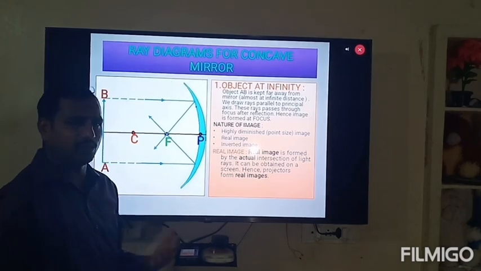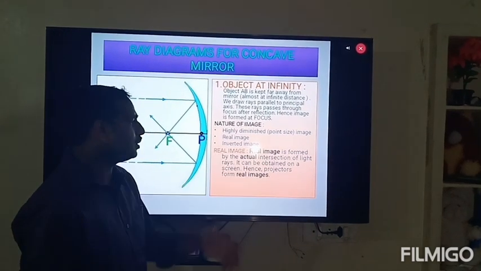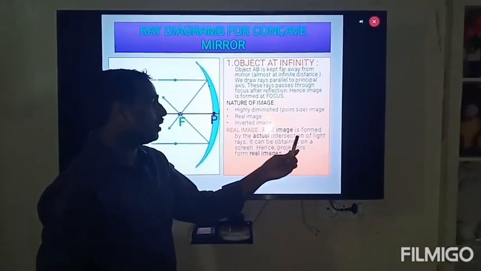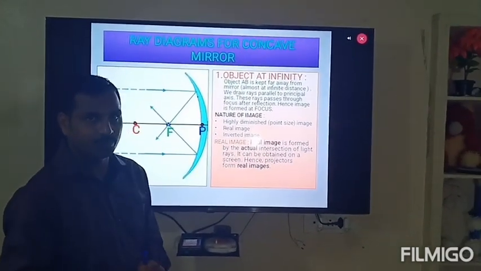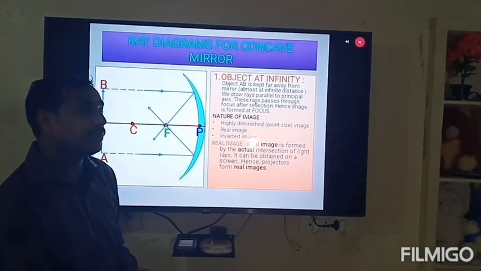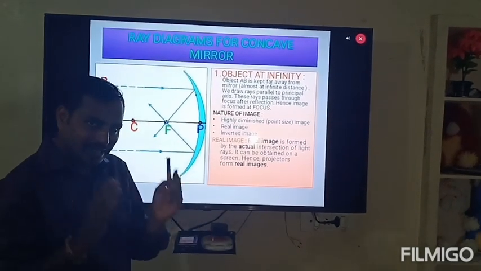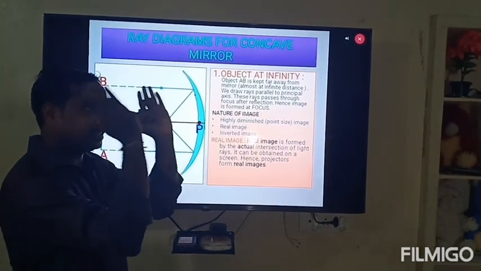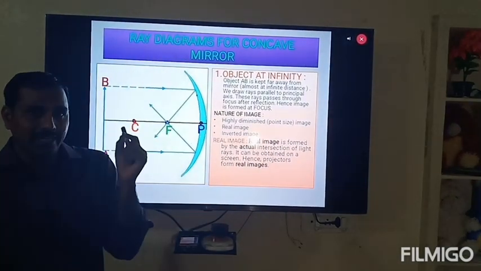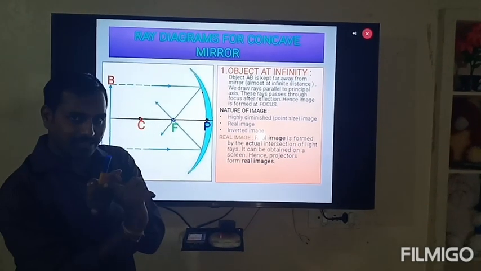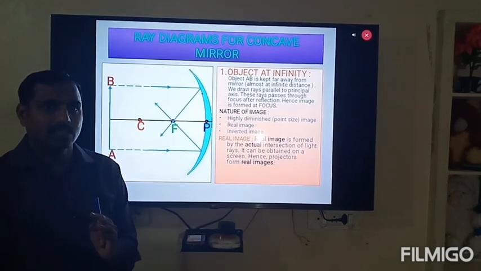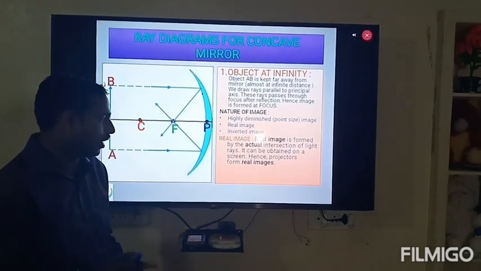So I am once again saying about the real image. What is a real image? We have some doubt. Real image is formed by the actual intersection of light rays, not like the convex mirror, where the image appears to be coming from behind. The rays which fall upon the surface, after reflection, come back and intersect at a real intersecting point upon a screen. If an image is formed upon a screen, we call that a real image.